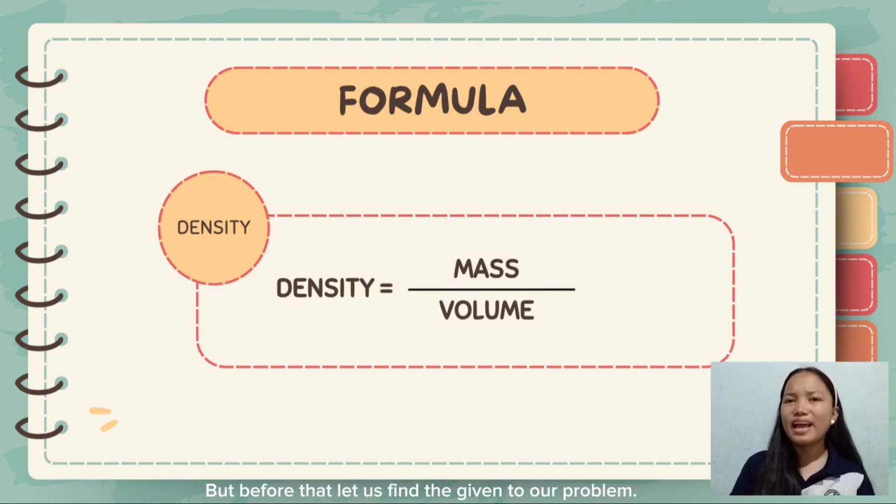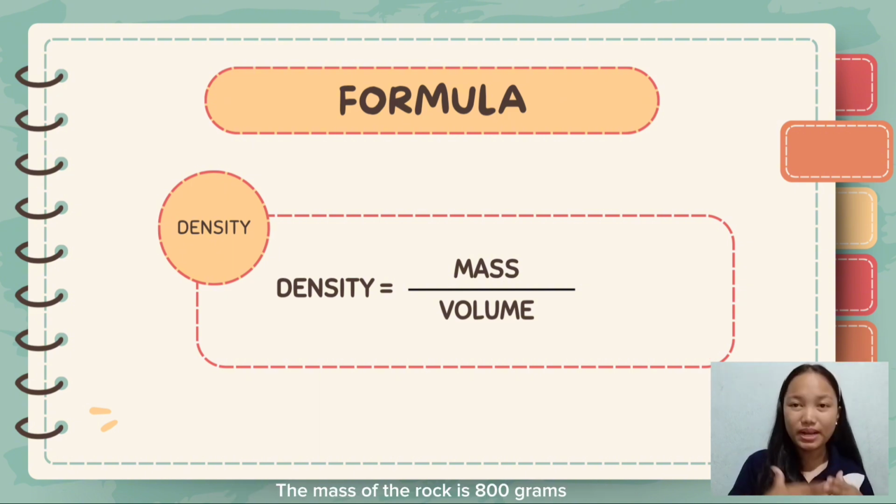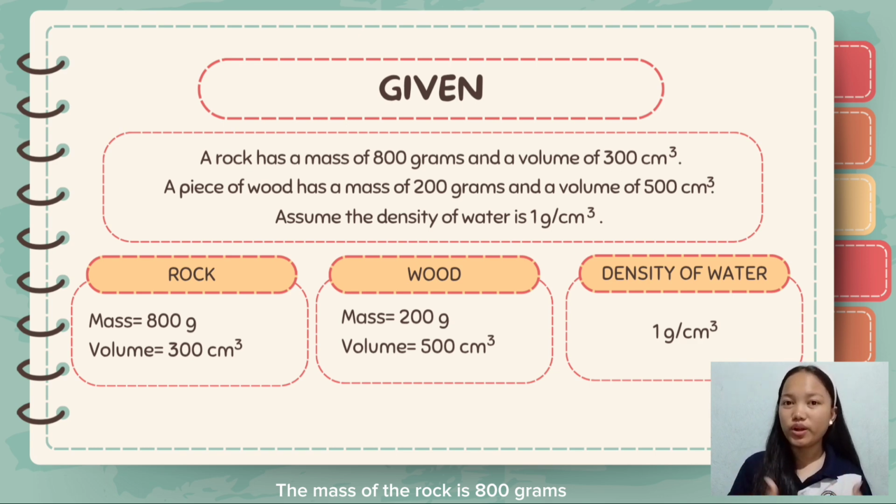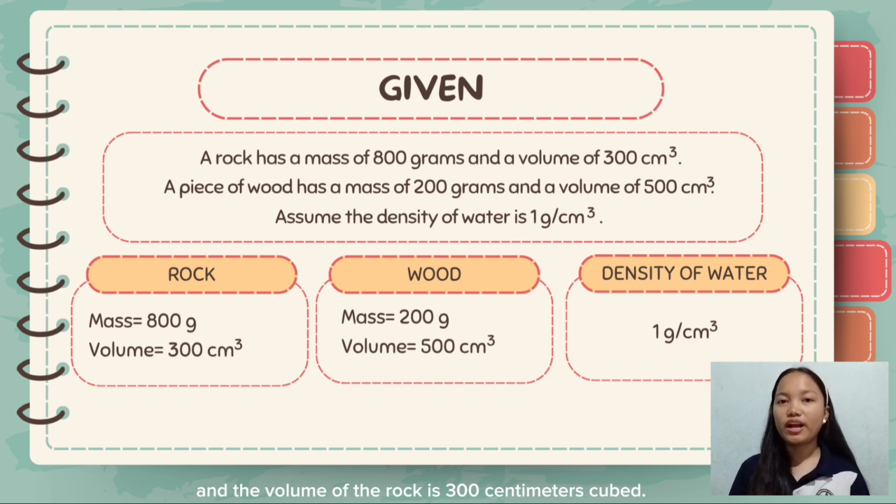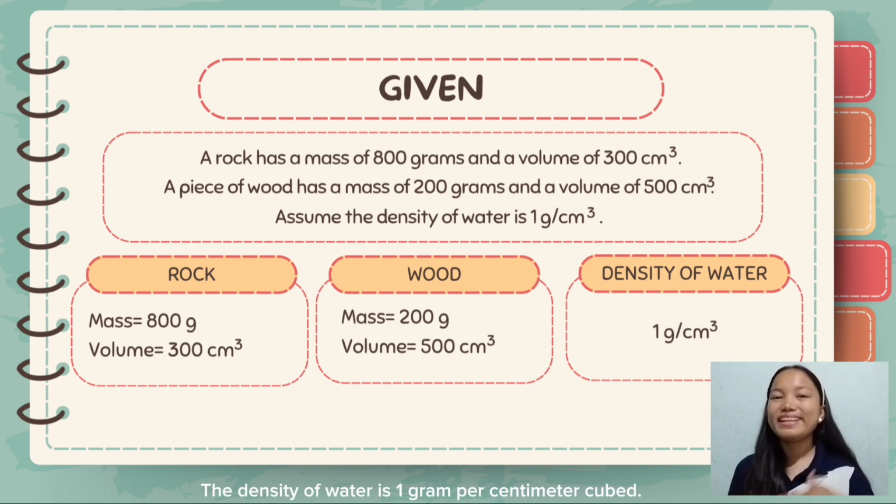But before that, let us find the given to our problem. The mass of the rock is 800 grams and the volume of the rock is 300 cubic centimeters. The mass of the wood is 200 grams and the volume of the wood is 500 cubic centimeters. The density of water is 1 gram per cubic centimeter.